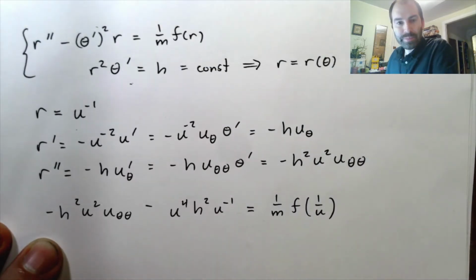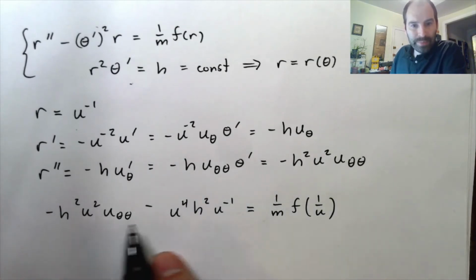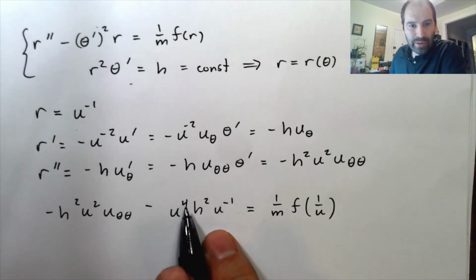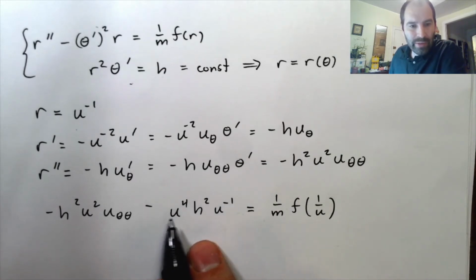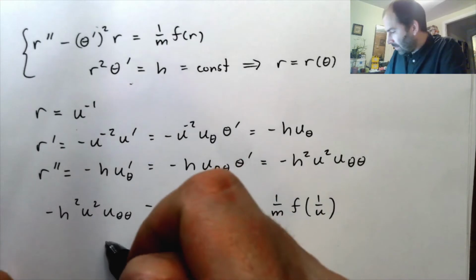Okay, let's simplify things here. That u and that u make a u cubed. And if I divide by negative h squared u squared, what do I get?